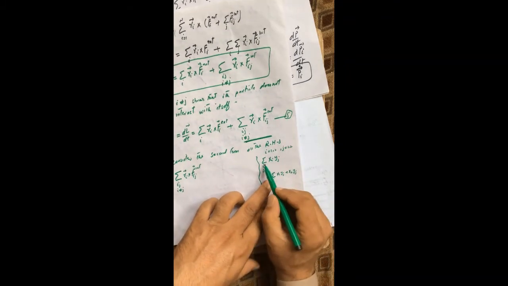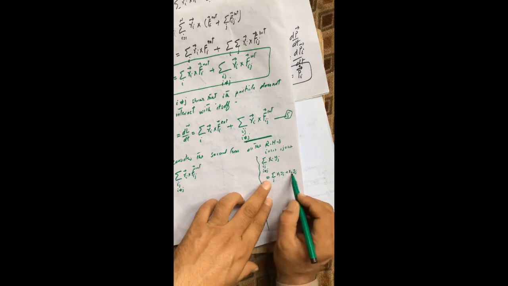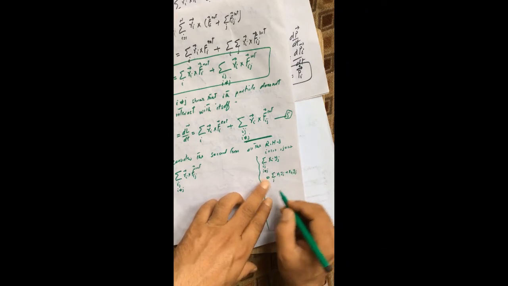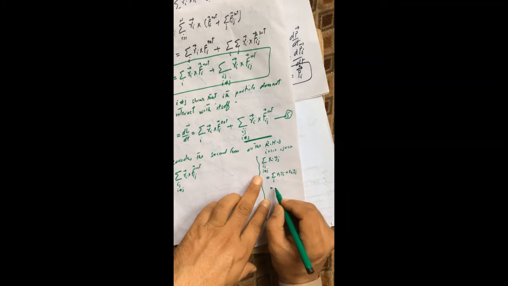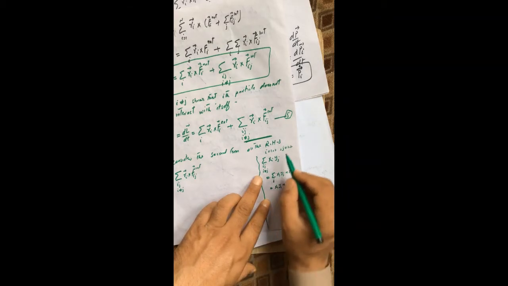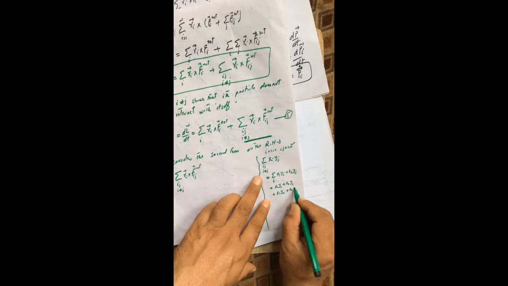Applying the sum over i from 1 to 2, we have x1 plus x2, and yj unchanged. Next I apply the sum over j, so we have x1 y1 plus x2 y1, plus x1 y2 plus x2 y2.